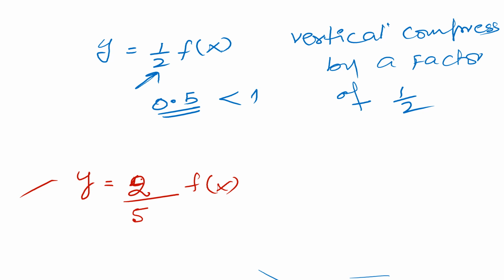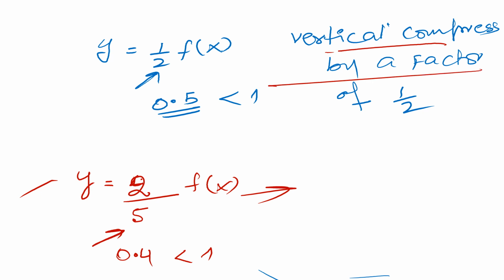How can I convert this? 2 by 5 means 0.4. Is it bigger than 1? No, it is less than 1. So what will you write? You will write vertical compress by a factor of 2 by 5. Simple.